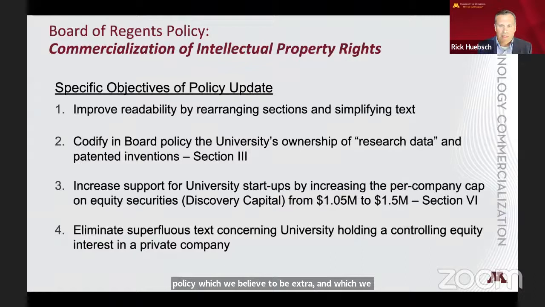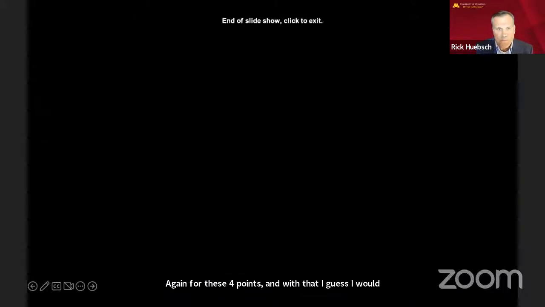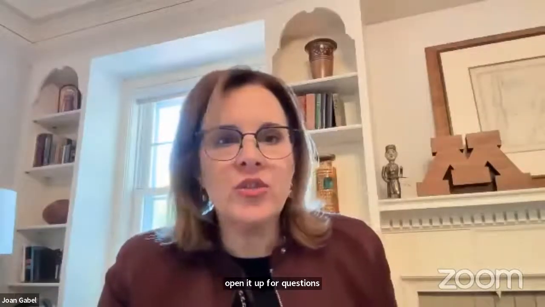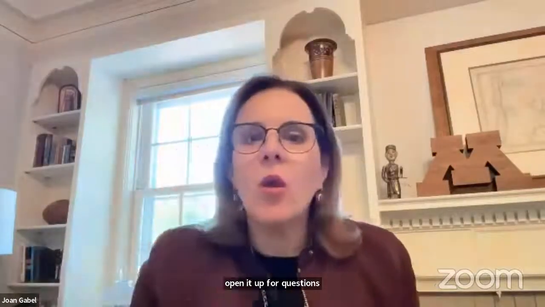And so those are the 4 changes that we want to talk about. In general, we feel that they're small changes. When we reviewed them with the other committees, we also felt from their perspectives that they were not fundamental changes, but important changes, again, for these 4 points. And with that, I would open it up for questions. All right. Thanks, Rick. Any questions for Rick? Or discussion?